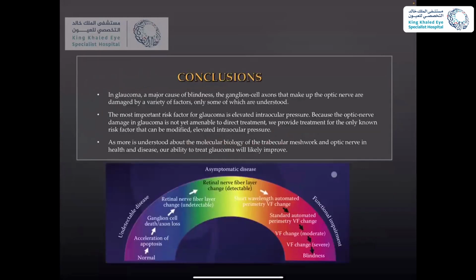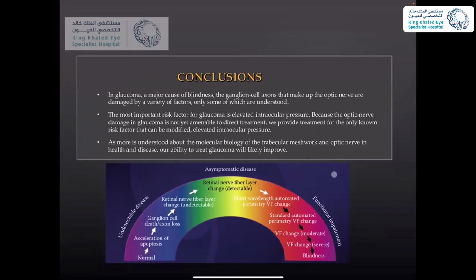In conclusion, glaucoma is a spectrum of disease. It's not a one-stage or one-step disease that happens once. It's more of a cascade that happens by a sequence of actions to the retinal ganglion cells, especially.